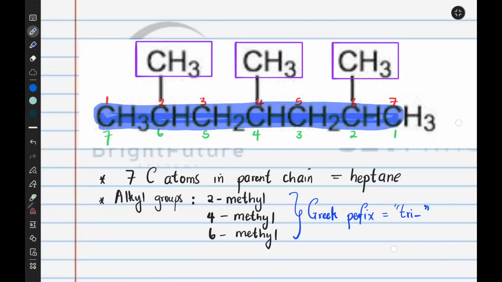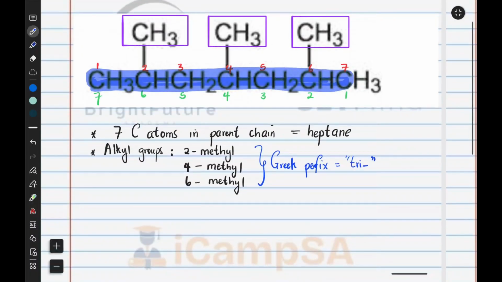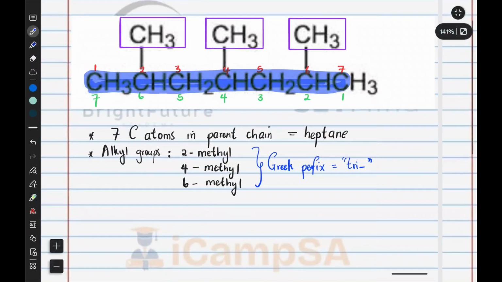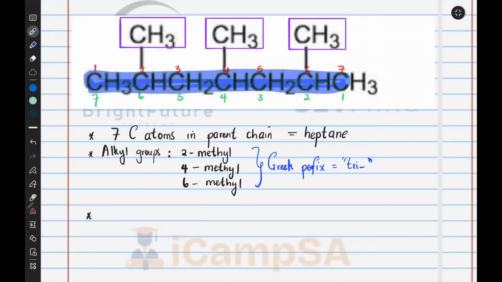All right, so I'll show you how to integrate this into the name now. We have the parent chain name, we have the alkyl group names and their positions along the long continuous carbon chain. Now we can start naming this thing. So we say 2, because it's the same group repeating, position 2, comma, position 4, another comma, and position 6.